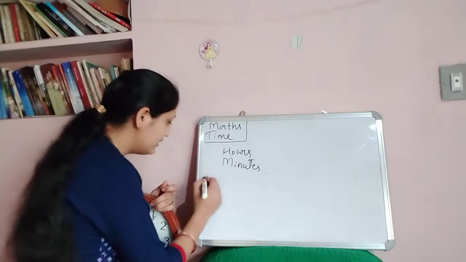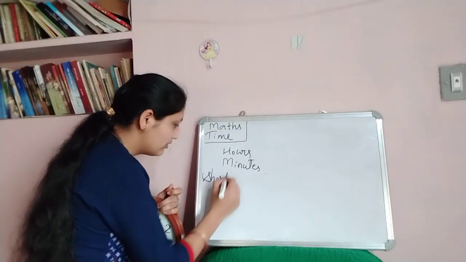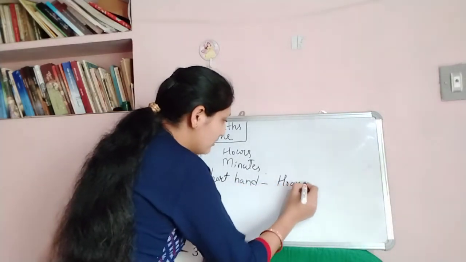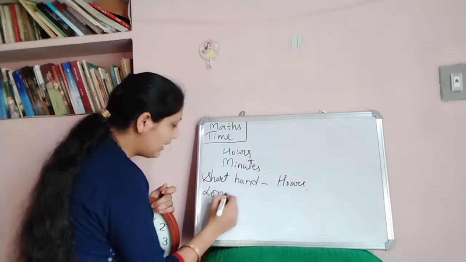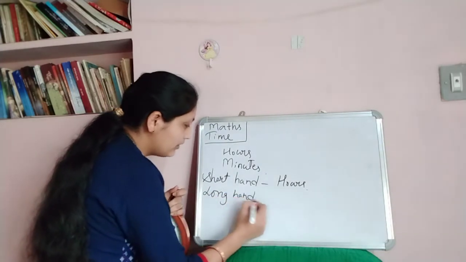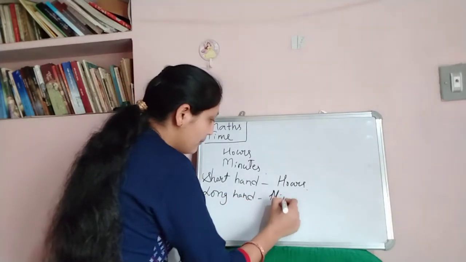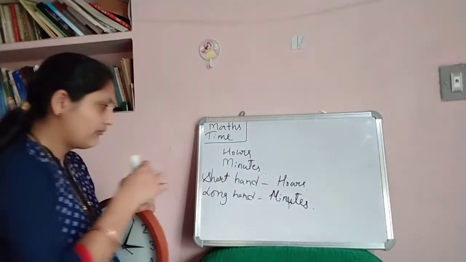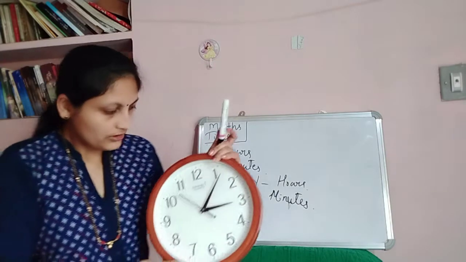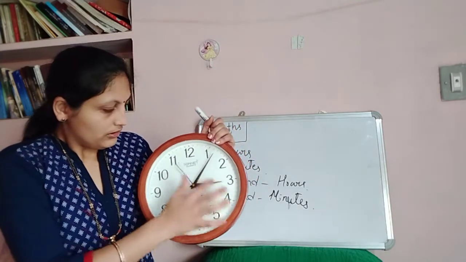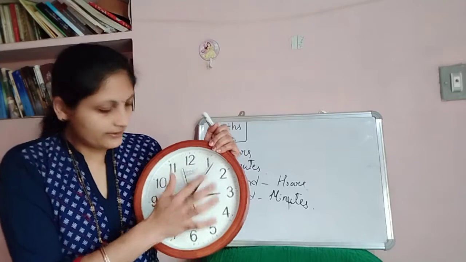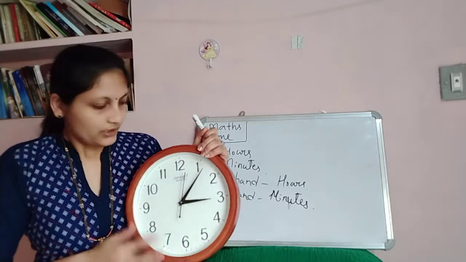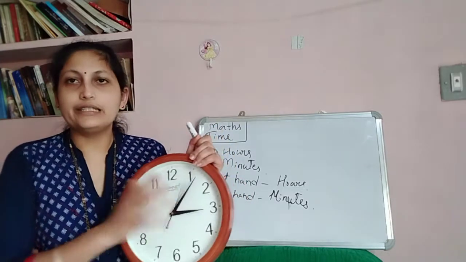Short hand represents hours and long hand represents minutes. Now let us see how to read the time on this clock.